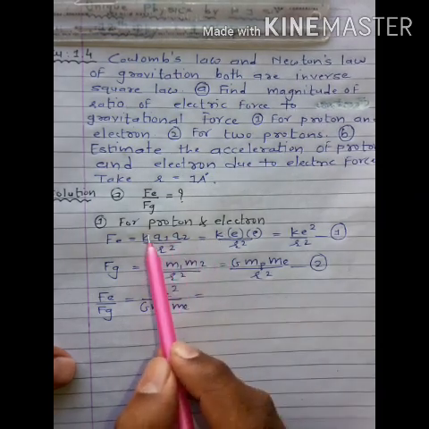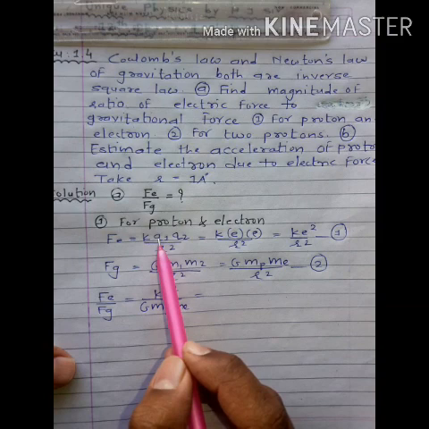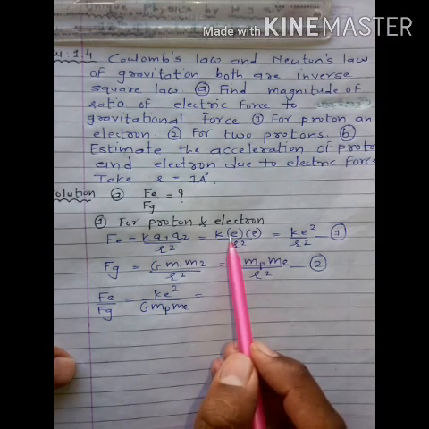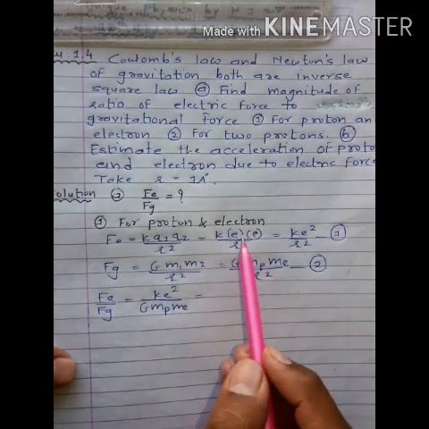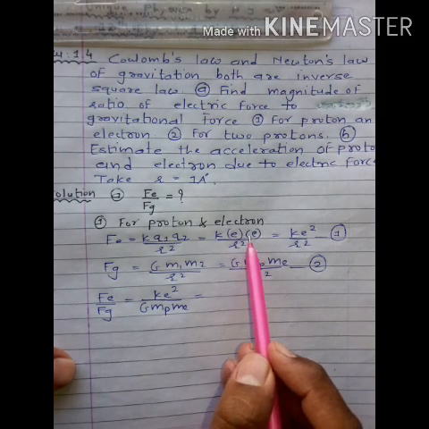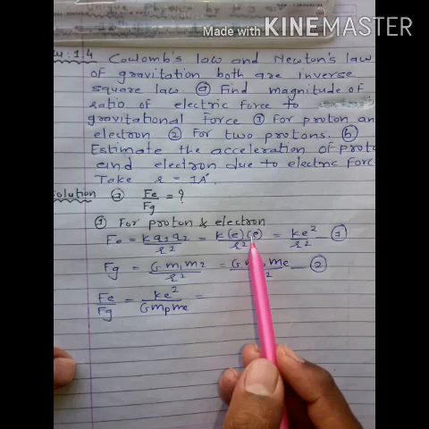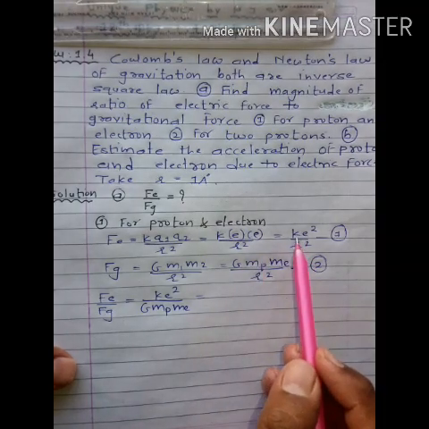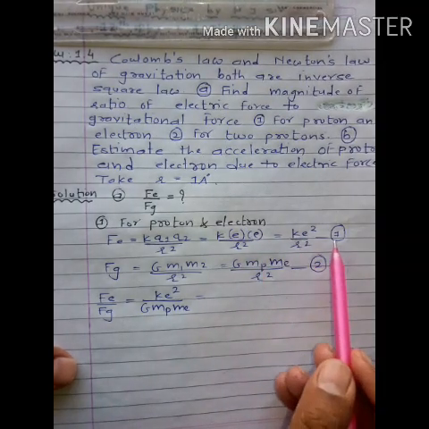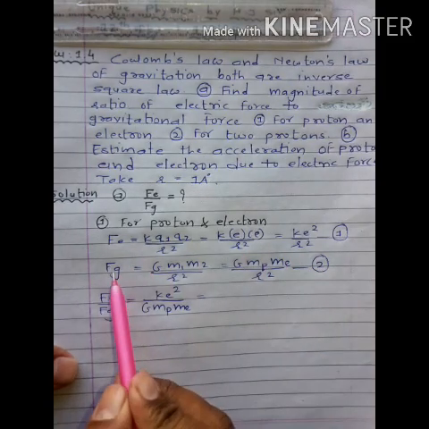K is a constant, Q1 is the charge of the proton, that means e, and Q2, the charge of the electron, is also e, upon R square. Here we consider the magnitude of charges. So our equation becomes K e square upon R square, equation number 1.